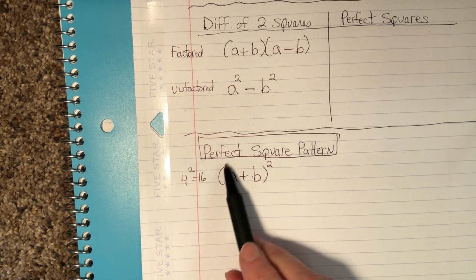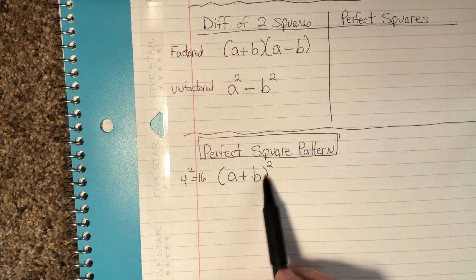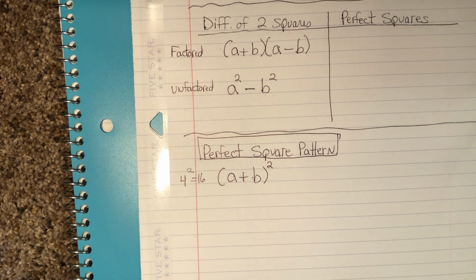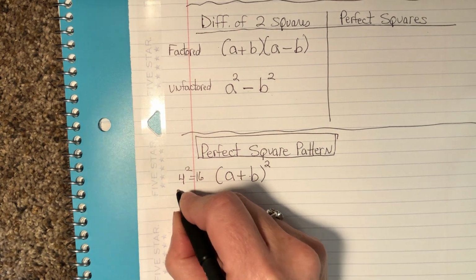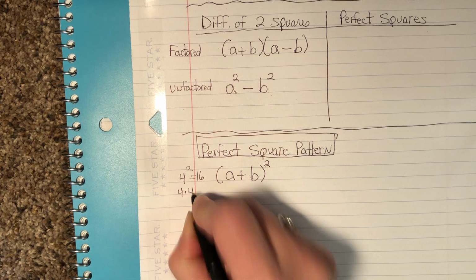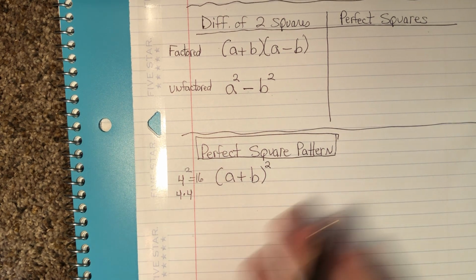Well, A plus B squared is a perfect square because it's something squared, something times itself. That's what squared means. Like 4 squared means 4 times 4, and A plus B squared means A plus B times A plus B.